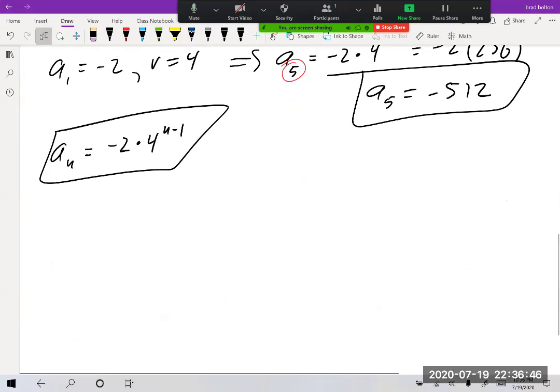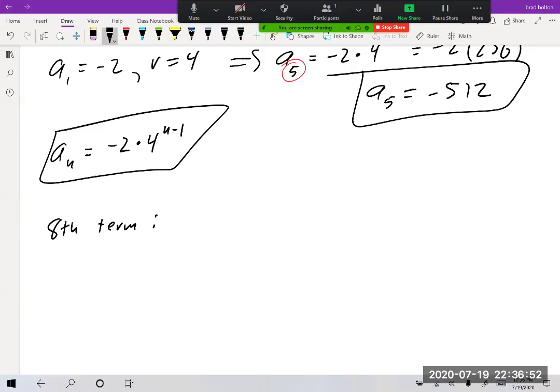Okay. Now, what if I ask you to find the eighth term? If we have 1, 3, 9, 27... Well, what we need to do is we need to see if it's geometric.